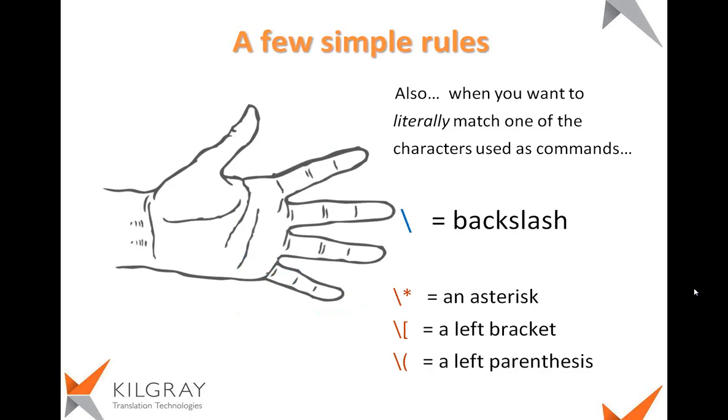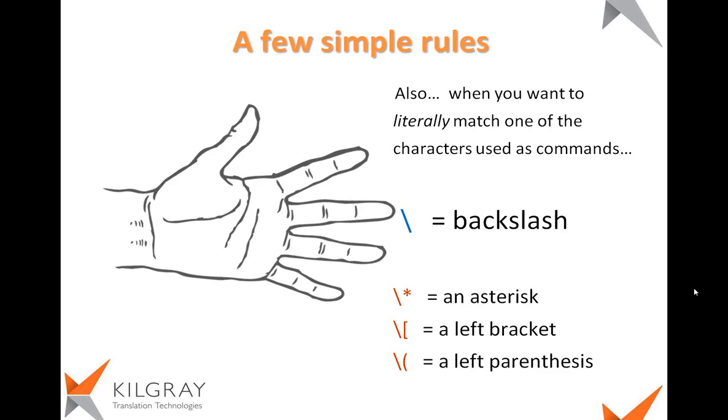Also, when you want to literally match one of the characters that you would normally use as a command, like an asterisk, for example, you would need a backslash and then the asterisk. For a left bracket, which is also a command character, you would use a backslash and a left bracket. Same thing for left parentheses.